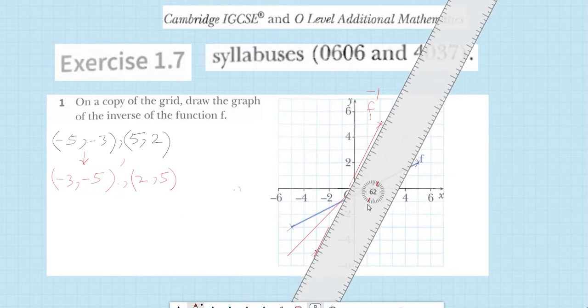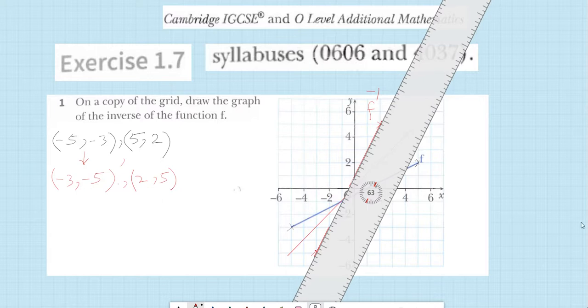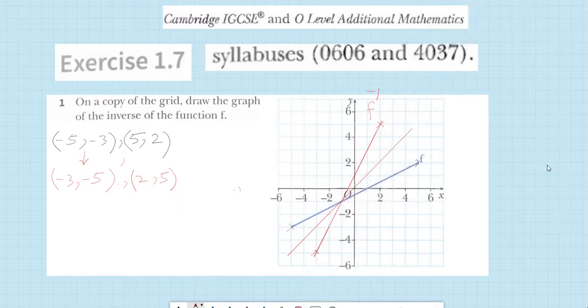Sorry for this, it's messed up. Now it is clear. So this is the graph of f inverse, and this line is our mirror line. I hope you understand. Okay, student, now move to question number 2.